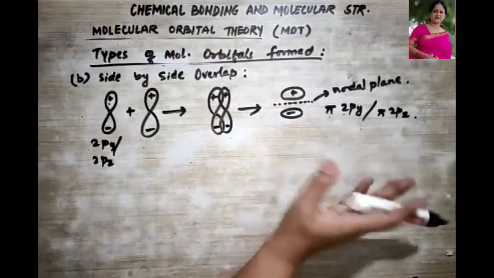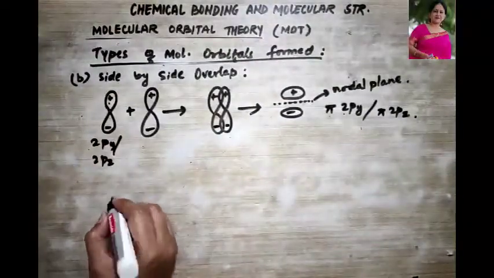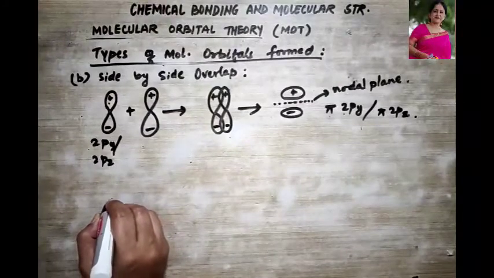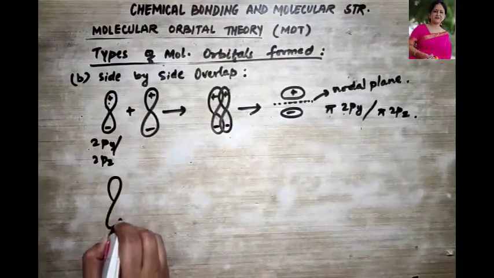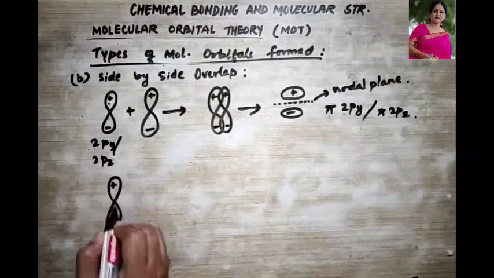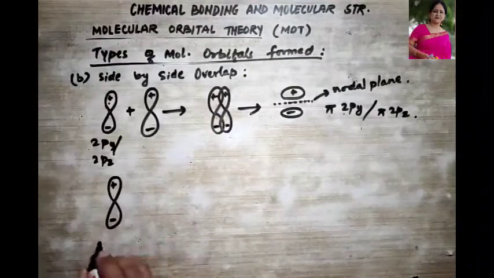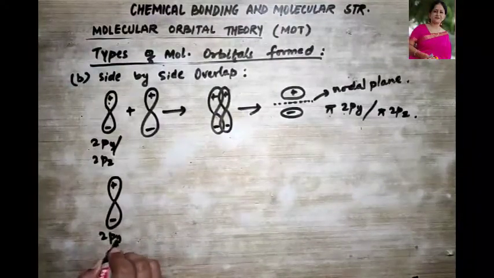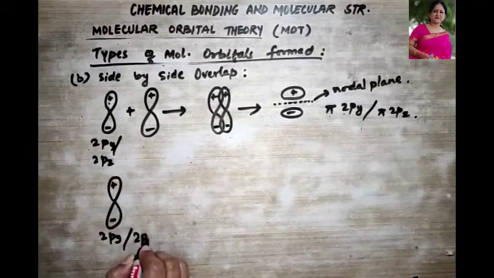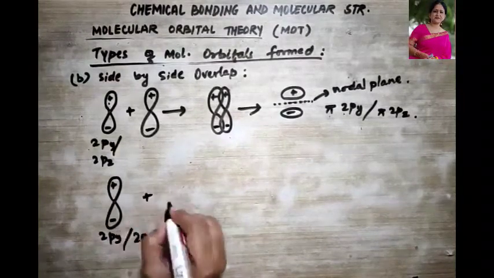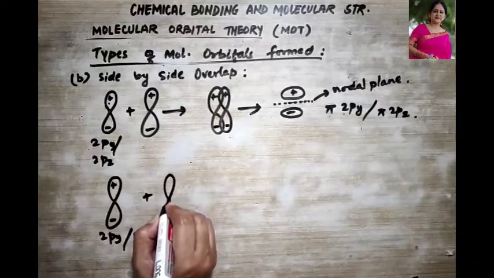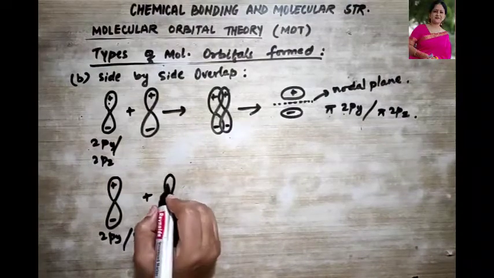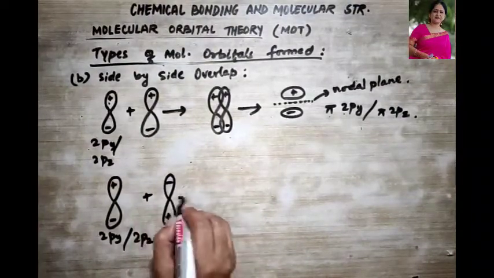Now let's see the anti-bonding of it. This is plus, this is minus. Once again, 2py or 2pz combines with this, which is minus and plus.